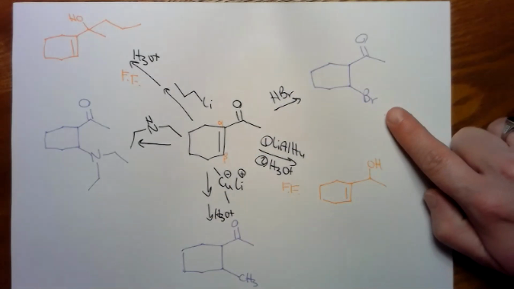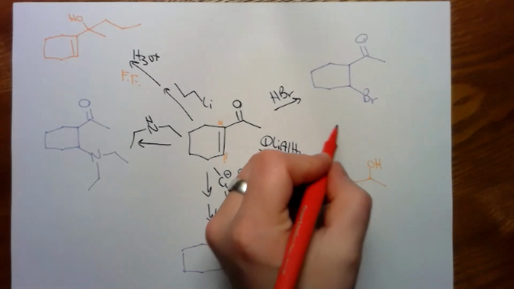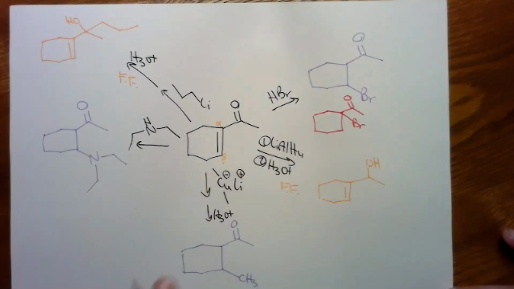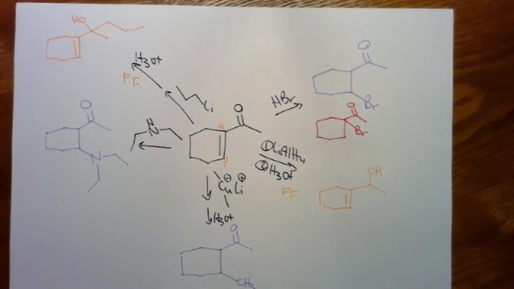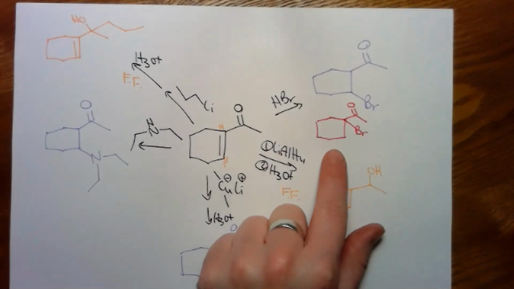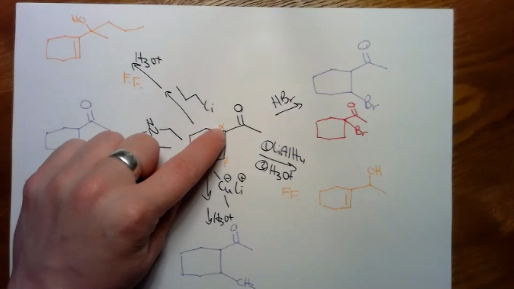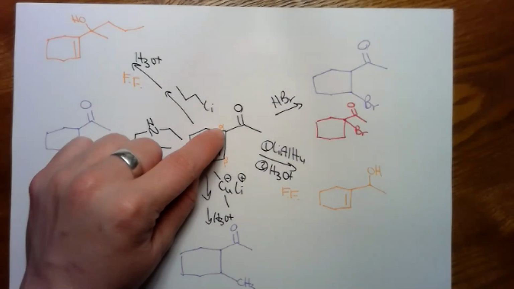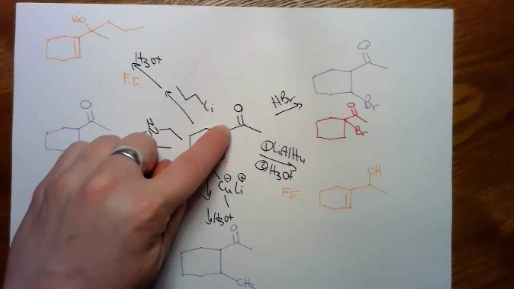Students sometimes start with this one on their own, and they want to predict this as the product. And I say, that's not the product. Even if you were trying to do old reactions, old knowledge, HBr to an alkene, this still should not be your predicted product, because carbocation here versus carbocation there, carbocation here is bad news because it's next to an electron withdrawing group.